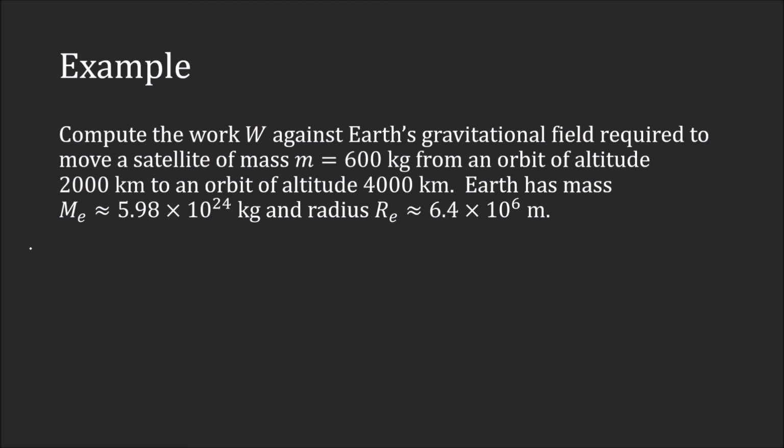Now, F, we want the gravitational field. Negative G, mass of the Earth, over r squared, times E sub r, the unit radial field. To rewrite this, we can write it as negative G times mass of the Earth times the unit radial over r squared.